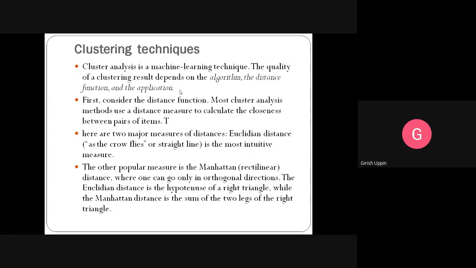The Euclidean distance is the hypotenuse of a right triangle. So if you have a right angle triangle, the hypotenuse is the Euclidean distance, and the Manhattan distance is the other two sides, which we can measure. That is the Manhattan distance.